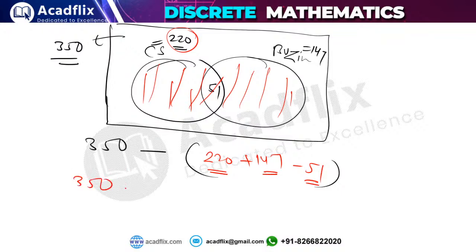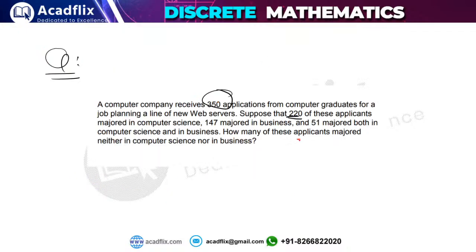Your answer will be 350 minus, because 350 is the total number of applications. From these 350 you need to subtract these applications, because he is asking how many applications are there which majored neither in computer science nor in business.